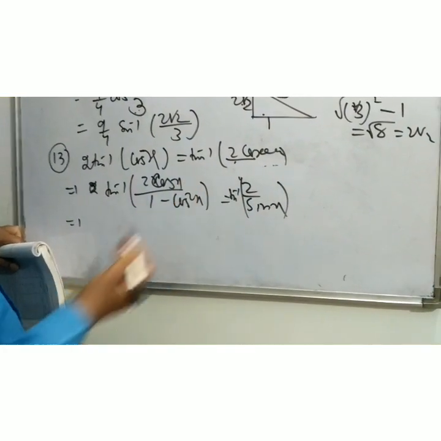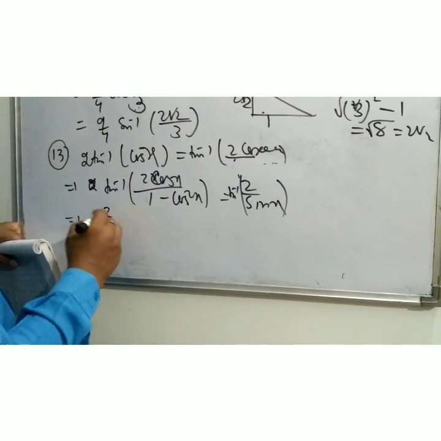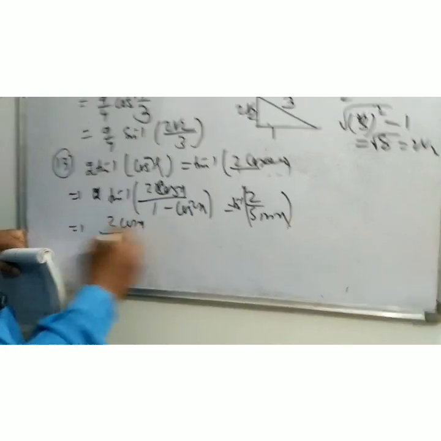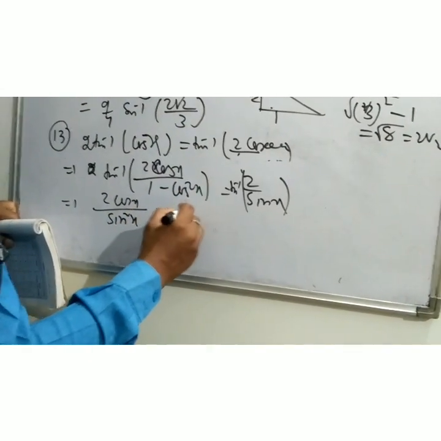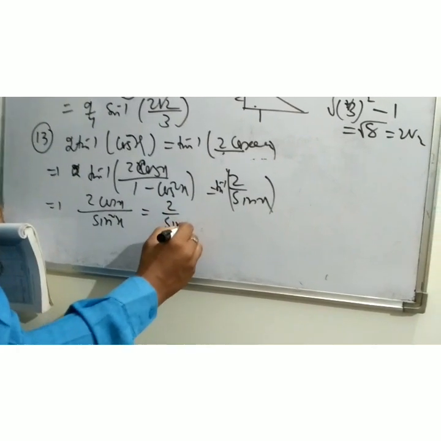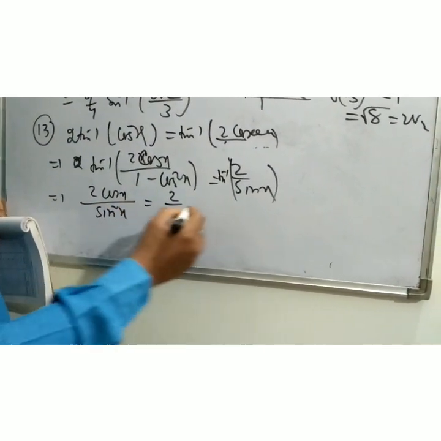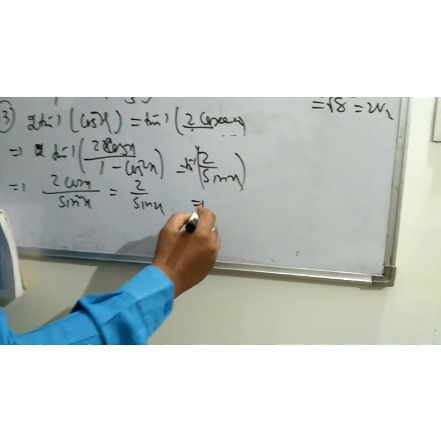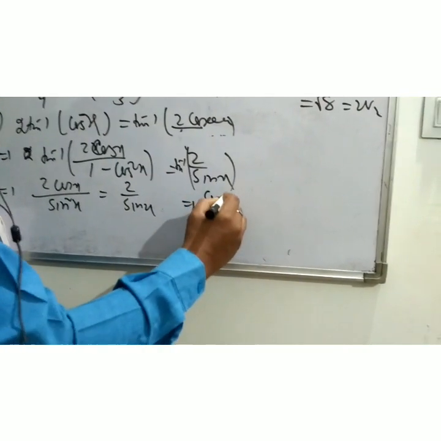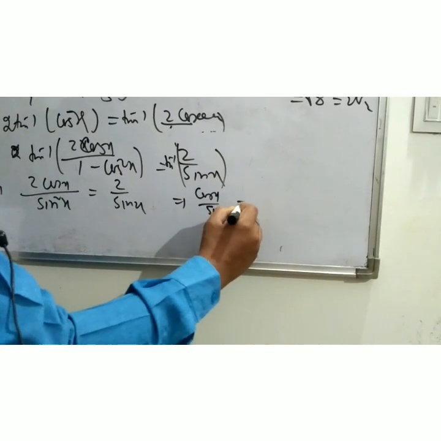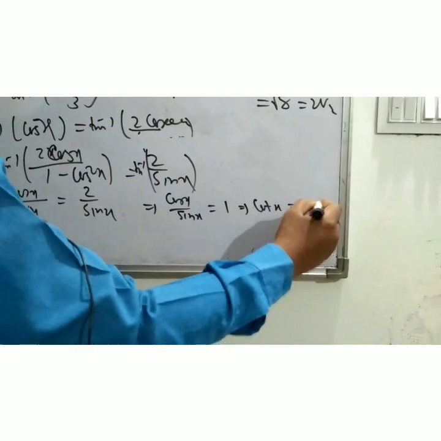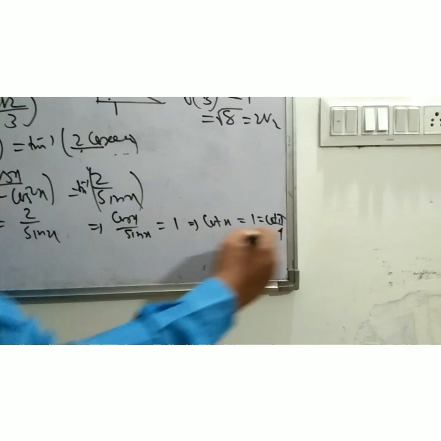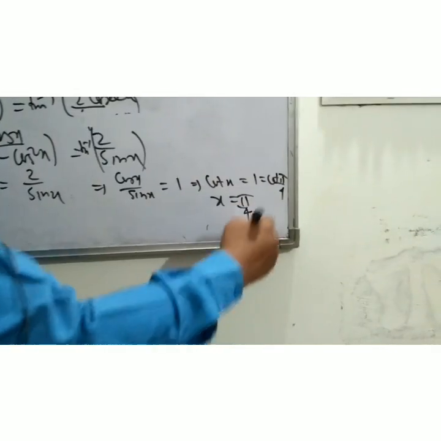Then tan inverse cancels out. It will be 2 cos x by sin square x, since 1 minus cos square x is sin square x, equal to 2 by sin x. Then sin cancels, 2 cancels, cos x by sin x is equal to 1, that is cot x is equal to 1, that is cot pi by 4, so x is equal to pi by 4.